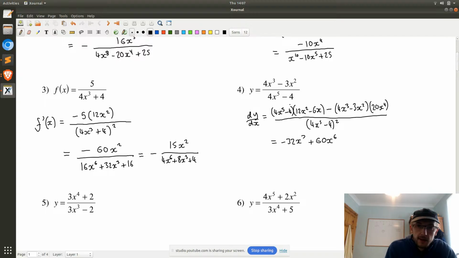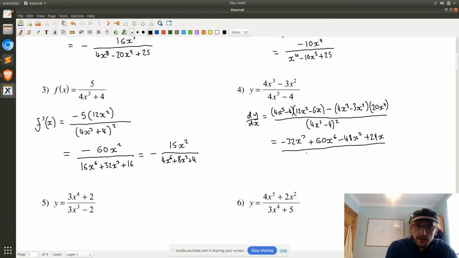Okay, I think minus 48x squared plus 24x. Maybe wrong, but you've got to try.